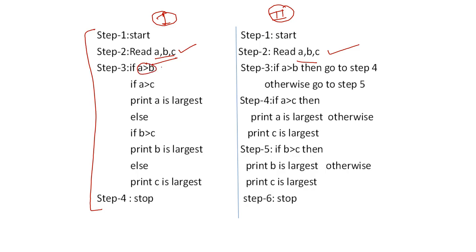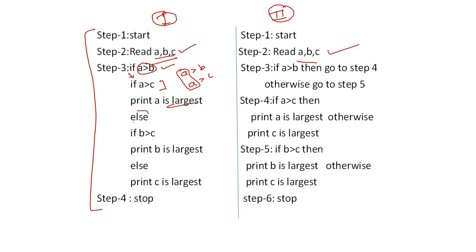If A is greater than B, then inside that if, again there is a nested if: if A is also greater than C. So it is checking whether A is greater than B and also A is greater than C. It says that A is greater than both B and C, so A is the largest here.